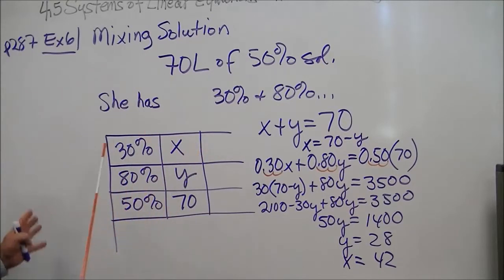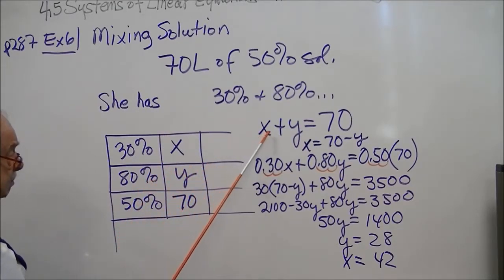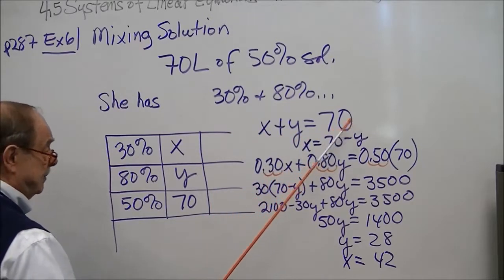How much would she need of each is our question. So we know we're going to define the x as the 30%, the y as the 80%. And we know then that x plus y equals 70.